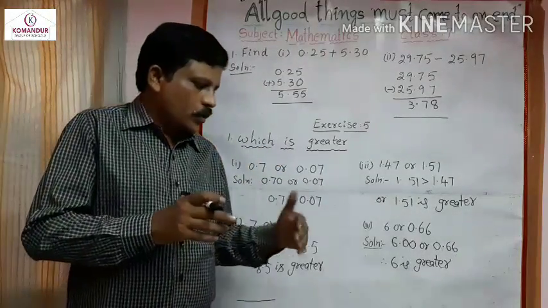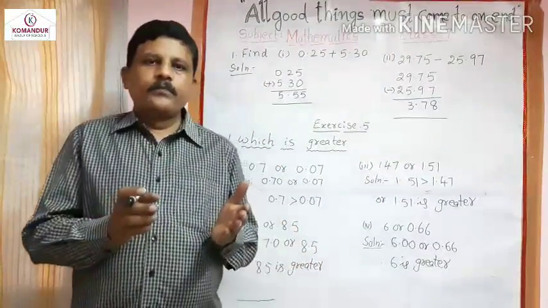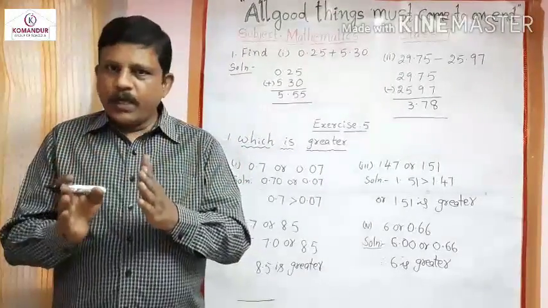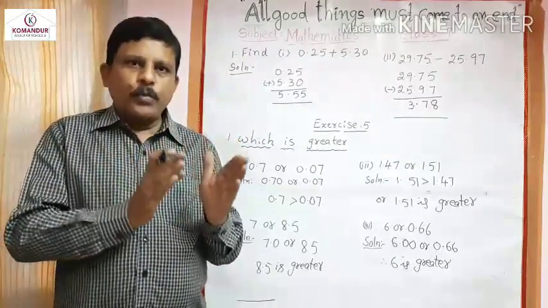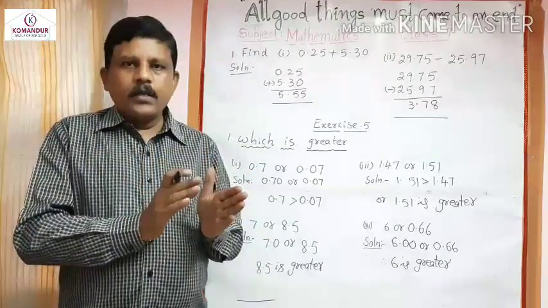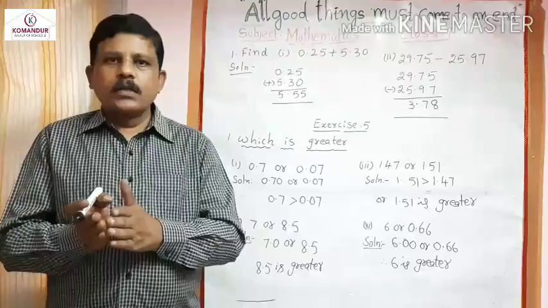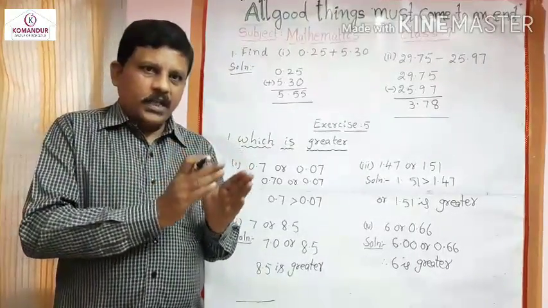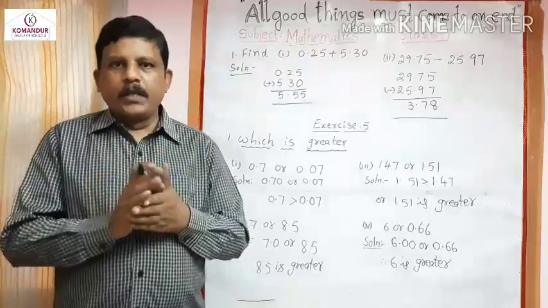Coming to the next topic. 1 kilometer is 1000 meters. Correct or not? 1 meter is 100 centimeters. 1 centimeter is 10 millimeters.